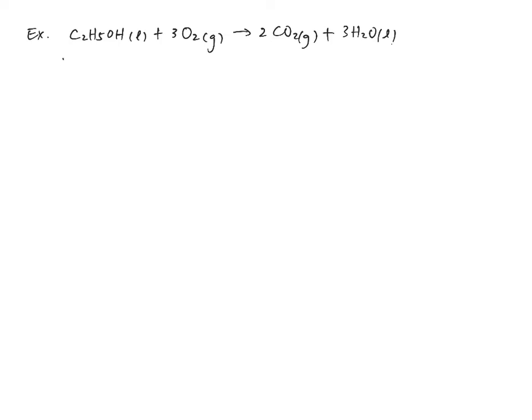Now, we know that for each compound they have a particular delta HF value, and delta HF has the unit of kilojoule per mole. C2H5OH has delta HF of negative 277.8 kilojoules per mole.